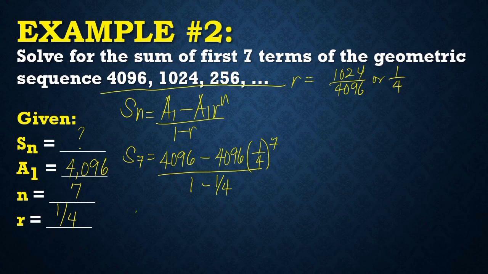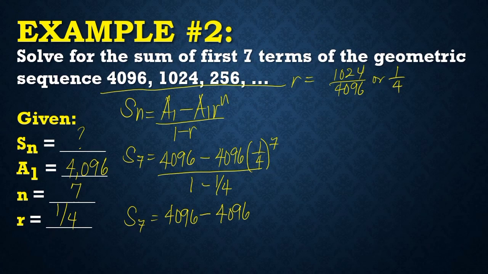So S sub 7 is equal to 4096 minus 4096 times, yung 1/4 i-raise natin to the 7th power. So that is 1/4 times 1/4 times 1/4 times 1/4 times 1/4 times 1/4 times 1/4.